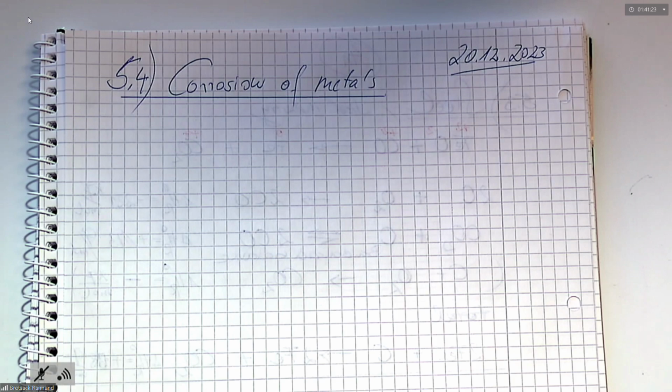Oxidation of metals. Yes, in nature, when we have any kind of application, it could happen that the metals are not in the pure form like the iron, but when we put it outside without any protection against corrosion, it starts to be oxidized again.